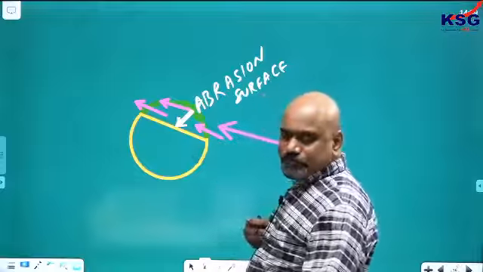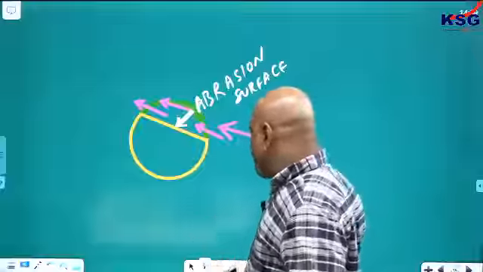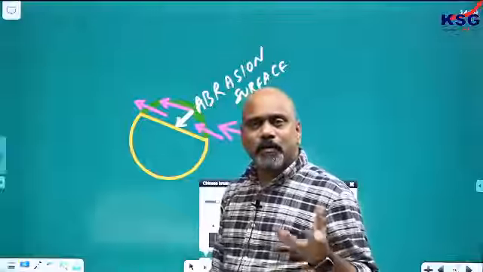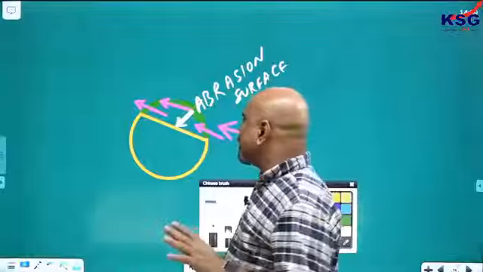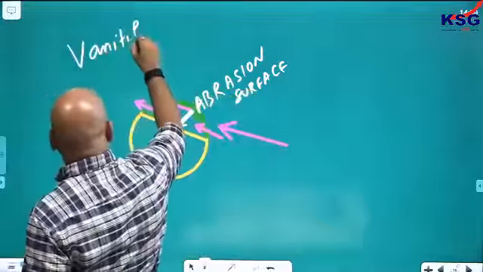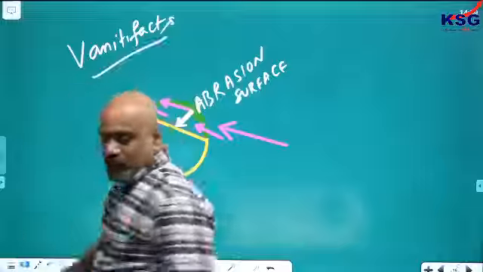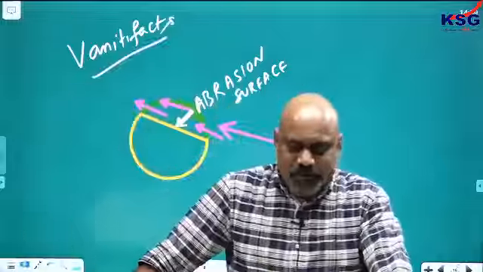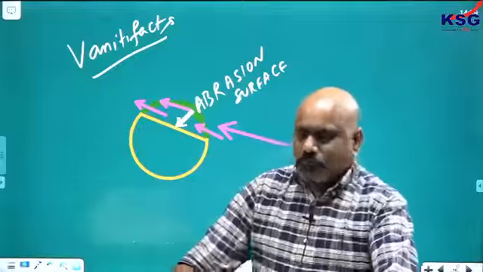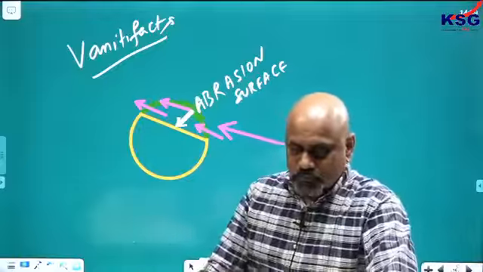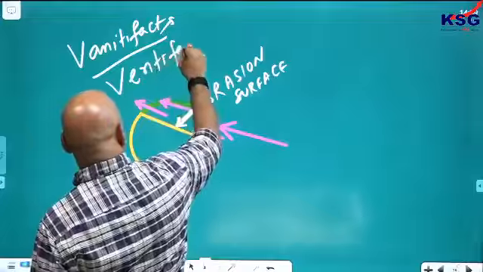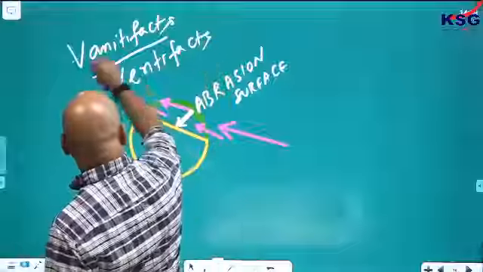This type of different facets of a specific rock, boulder, pebbles, cobbles, etc., with different faces, are known as ventifacts. What are these ventifacts?